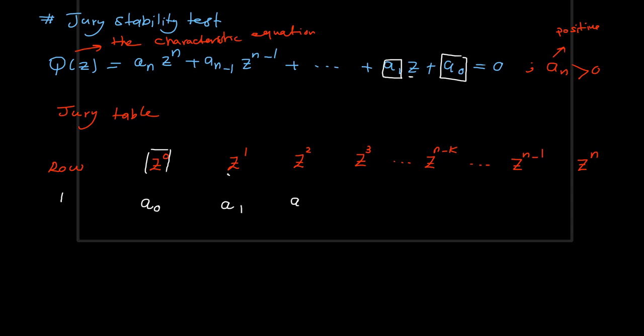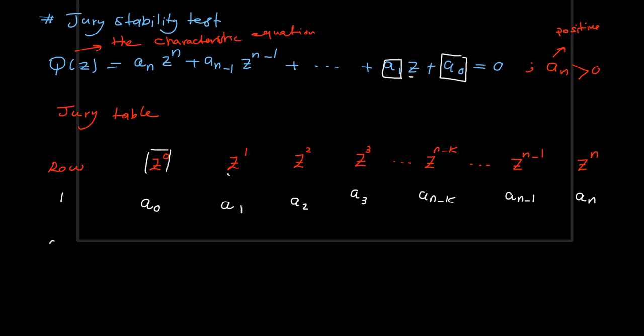So this will be a2, a3, a_(n-k), a_(n-1), and finally a_n.